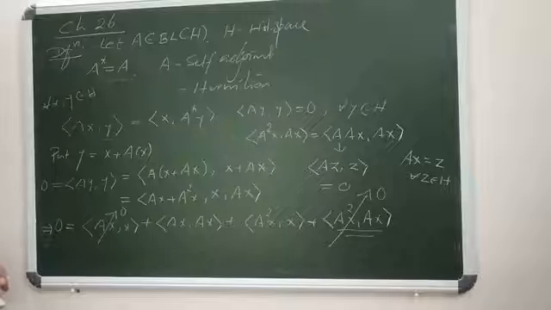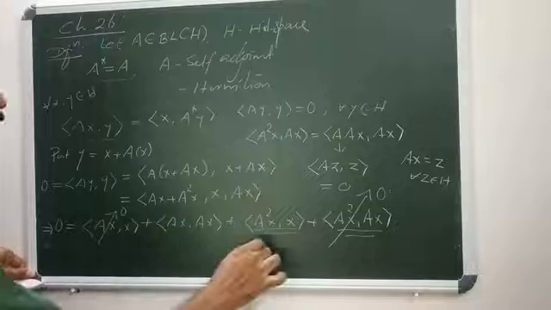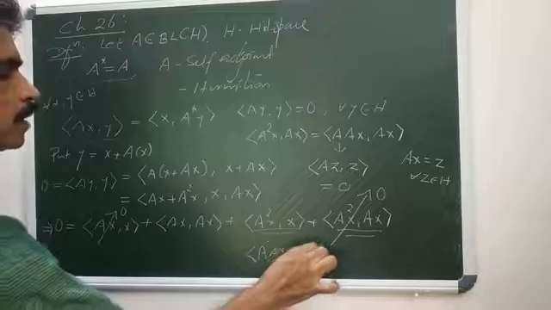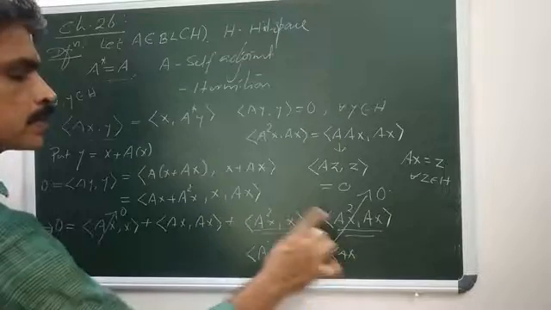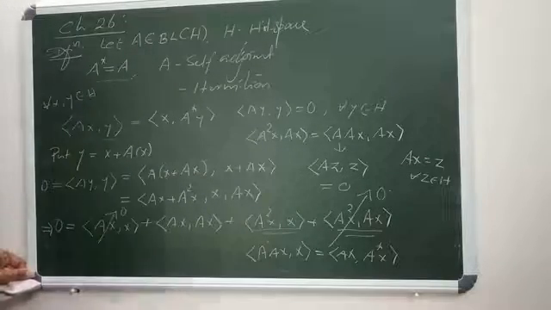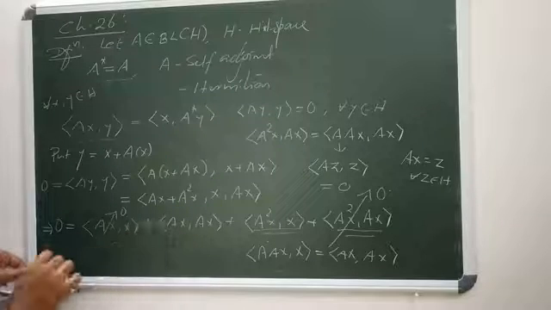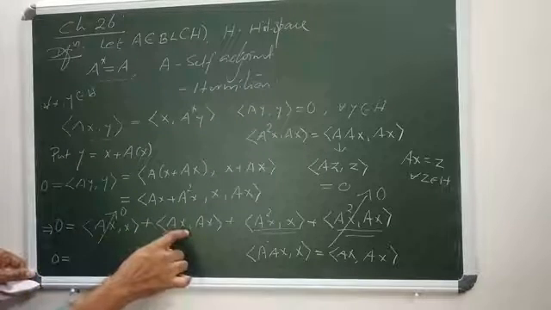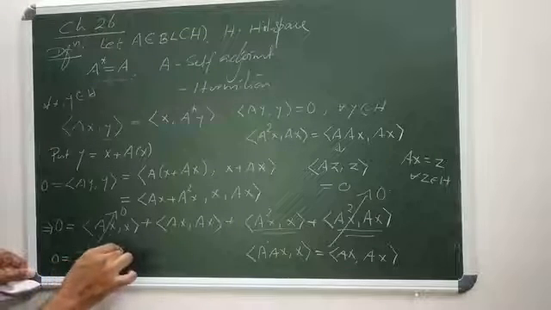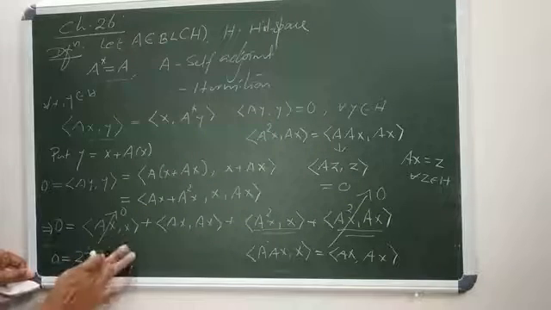Now, consider the inner product (A squared x, x). This is the inner product (A(Ax), x), which equals the inner product (Ax, A star x). But it is given that A is self-adjoint, so A star is again A. So finally we have 0 equals the inner product (Ax, Ax) plus the inner product (Ax, Ax), that is 2 times the inner product (Ax, Ax).